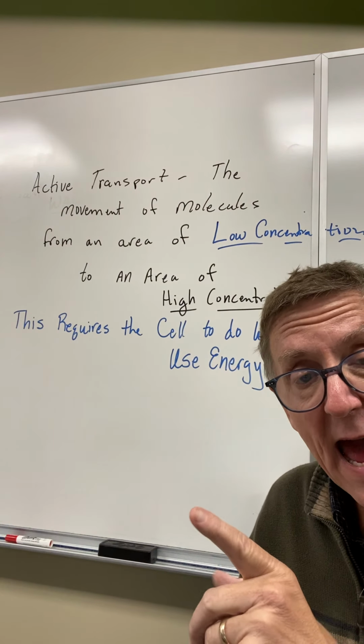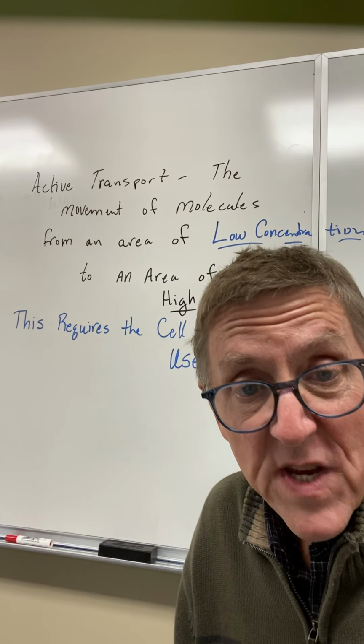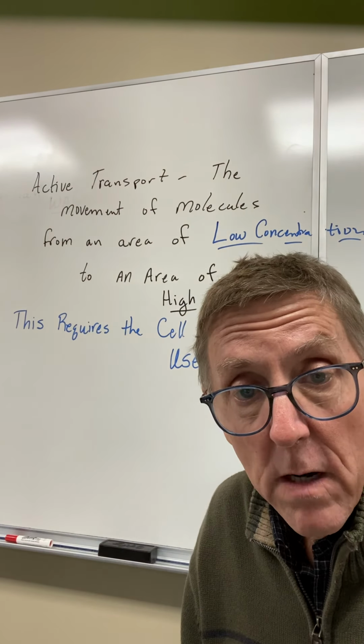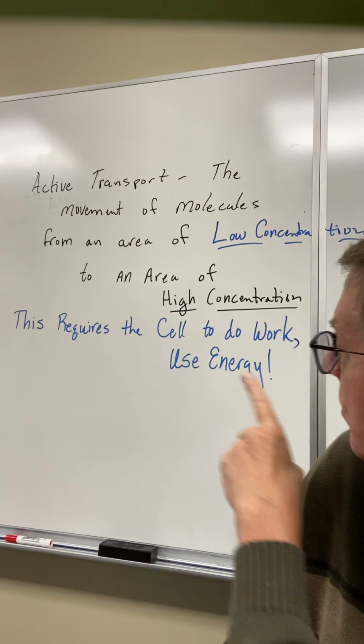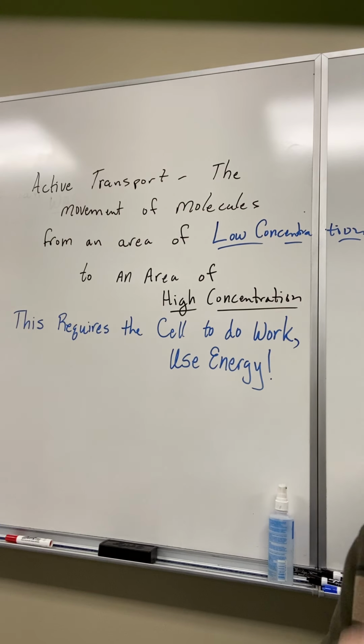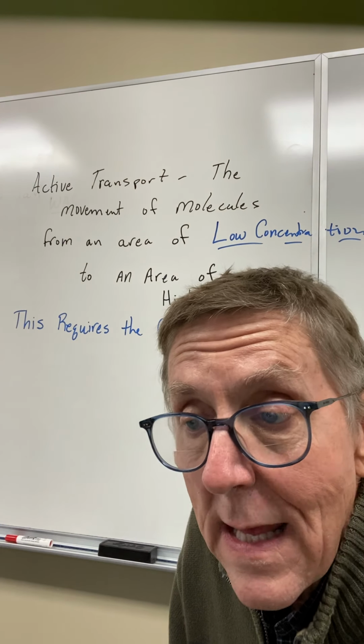As a result, you have to use energy to make it happen. It's not going to happen on its own. It's going to go the other direction. So this is going to require the cell to do work. What does that mean? Use energy.